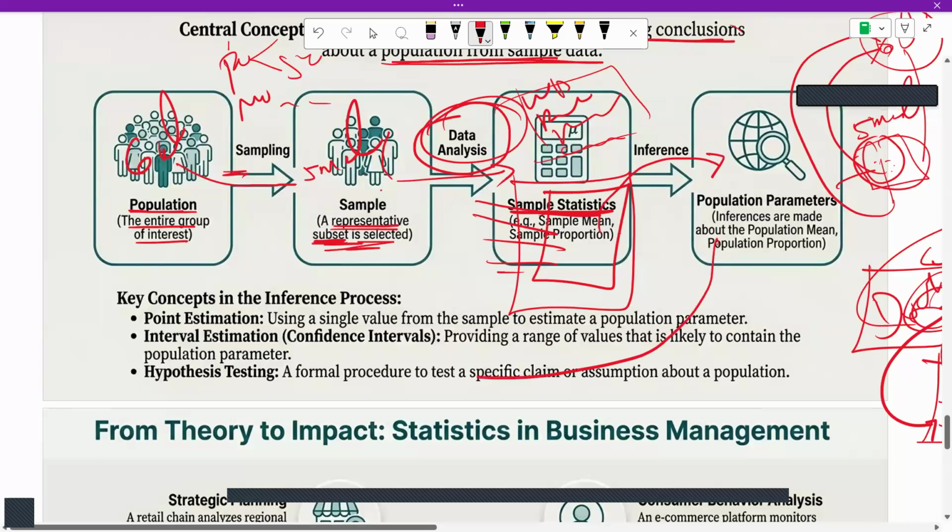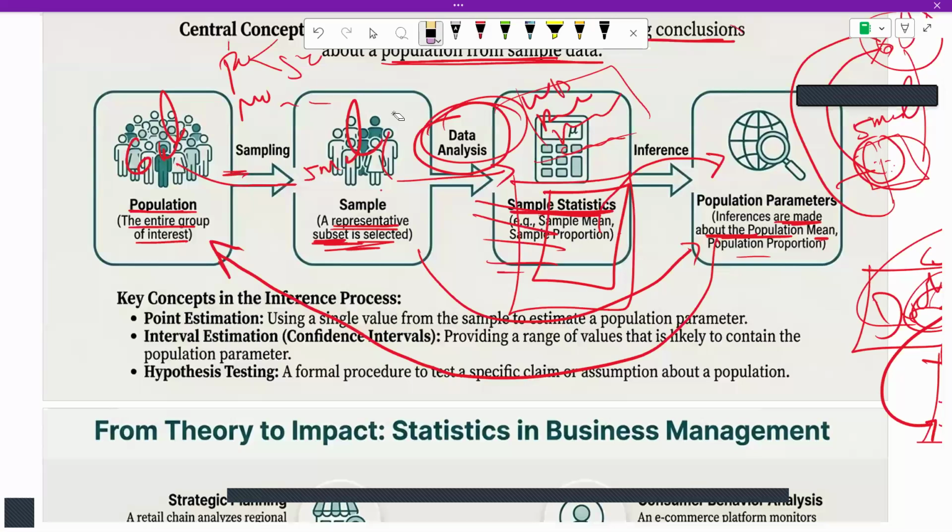Who is the population? This is the population. Population parameters. Inferences are made about the population based on the sample. He makes a conclusion, generalizes the finding to the population, such as the population mean or proportion, right? So there are a lot of analyses we can do.